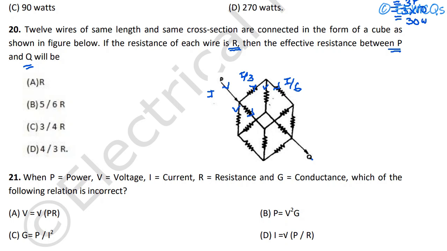Okay. Now here again what is happening? This is again divided like this, but here also it is coming to be as I by 3. So in such a manner it will get divided and finally we will get here I. Okay. So if we take the equivalent circuit here, how this will look like? This will look like this.